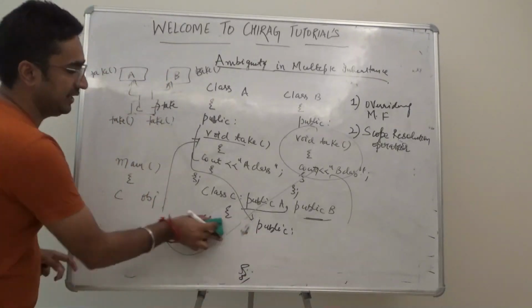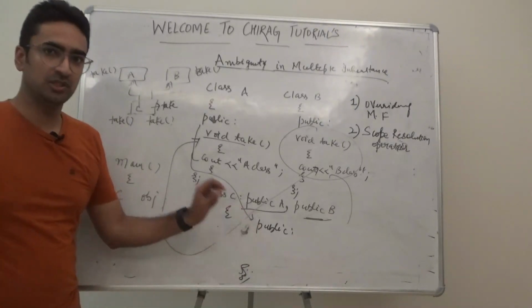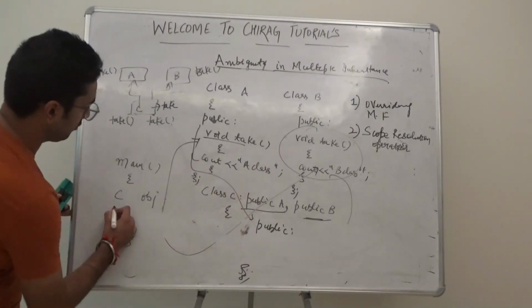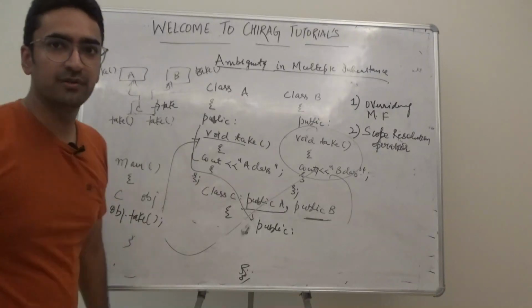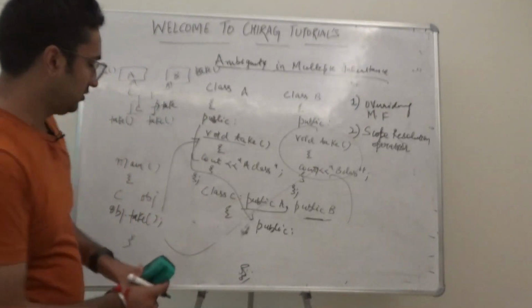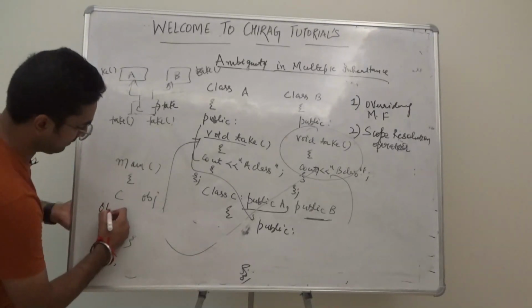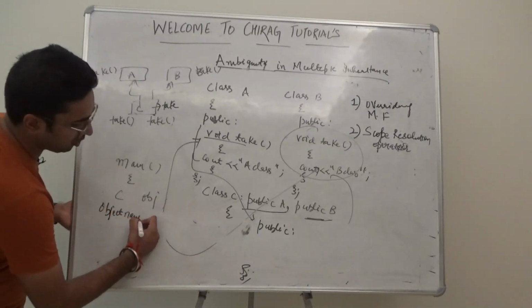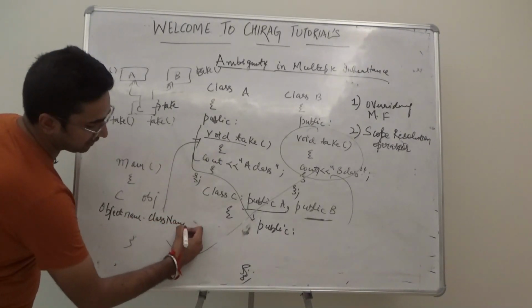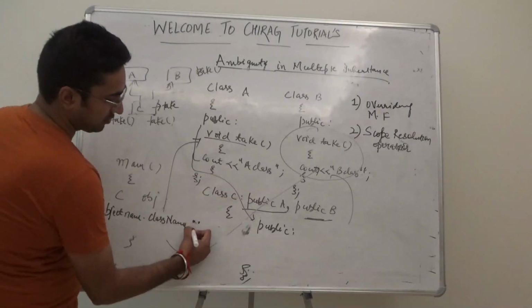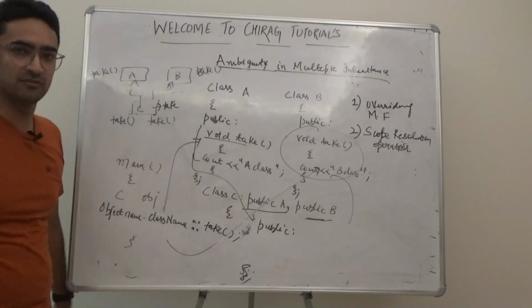So if I write obj.take, the error will come. Why? Because the compiler is not sure which function is getting called. So to resolve this, we'll write the object name dot which class name, which take function you want to get called, scope resolution and the function name that is causing an error. So this is the syntax of solving it.